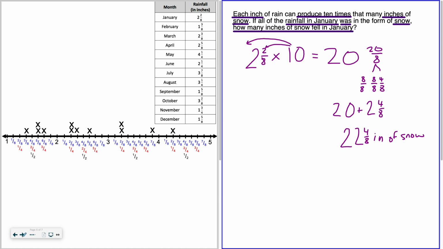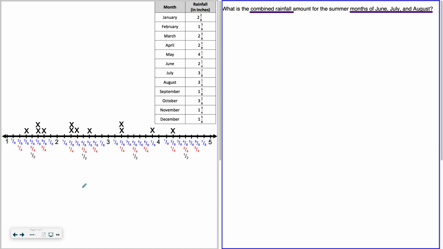So let's look at our last problem that you're going to do on your own now. And I annotated it for you. What is the combined rainfall amount for the summer months of June, July, and August? So I want to know the total amount of rainfall that falls in June, July, and August. So think of your operation and go ahead and write down your equation.